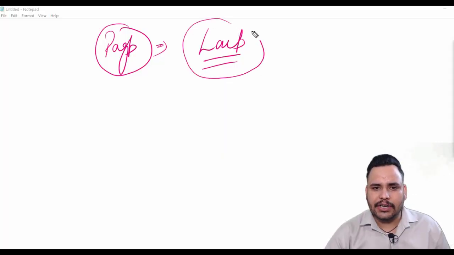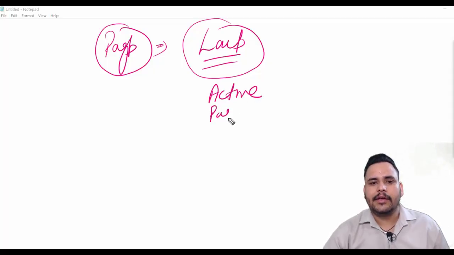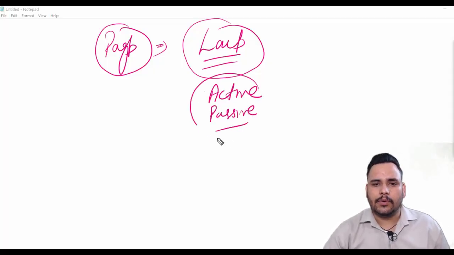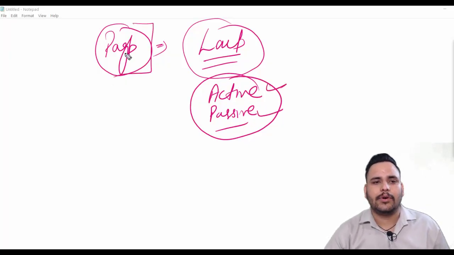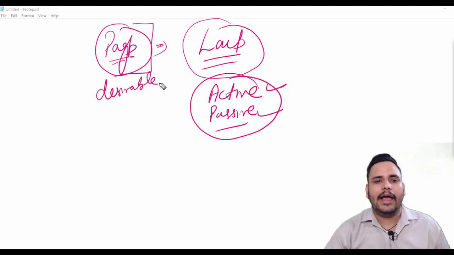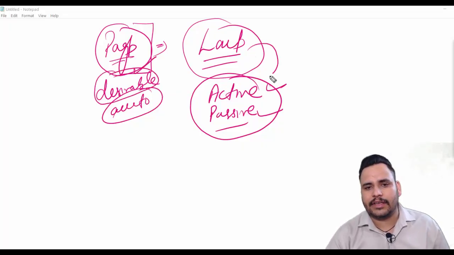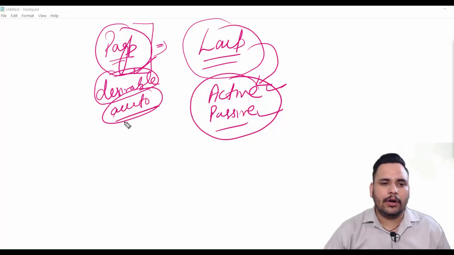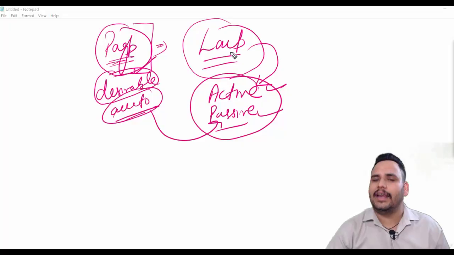In LACP we have 2 modes, active mode and passive mode. It works the same as the previous Cisco version, where in PAgP we worked with desirable and auto mode. The work done by desirable in PAgP is done by active mode, and auto mode in PAgP is represented by passive mode in LACP.